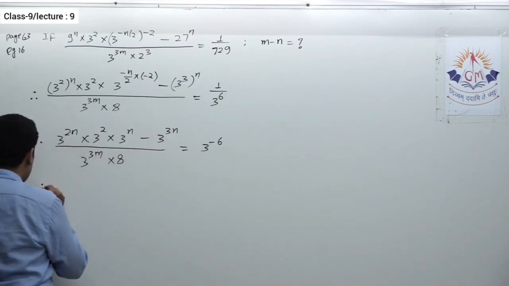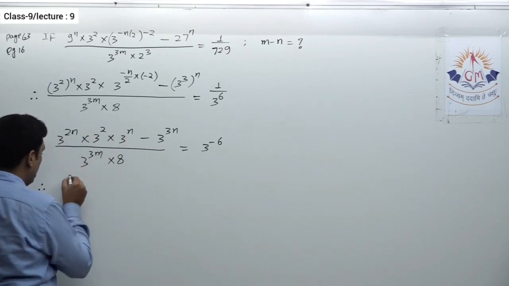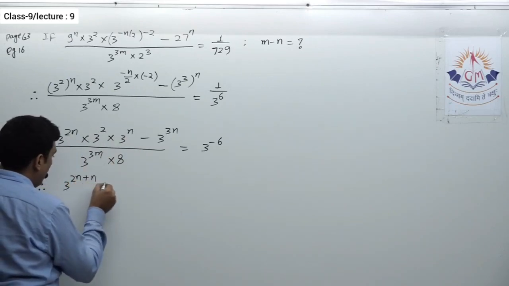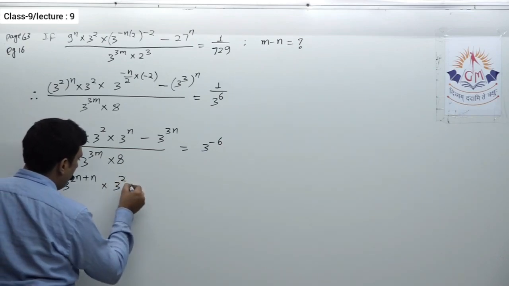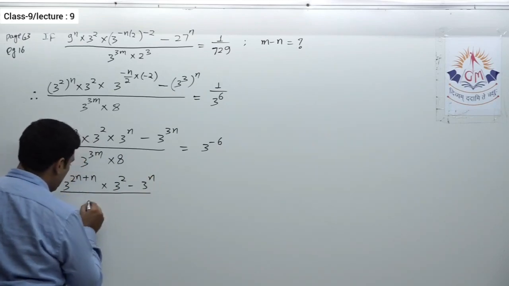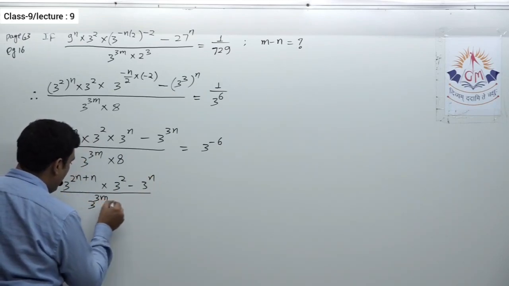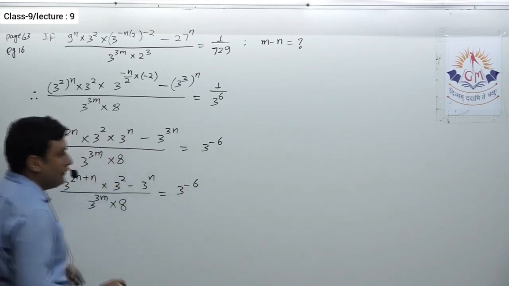Now over here, see 2n plus n. If I apply the power law, this will become 3 raised to 2n plus n, and this 3 square I am writing as it is, minus 3 raised to n upon 3 raised to 3m multiplied by 8 is equal to 3 raised to minus 6.